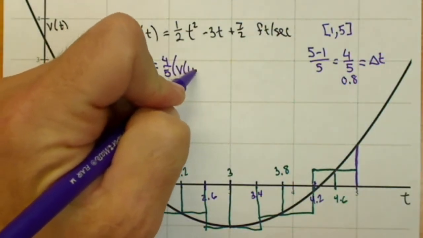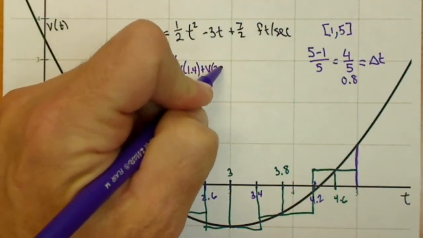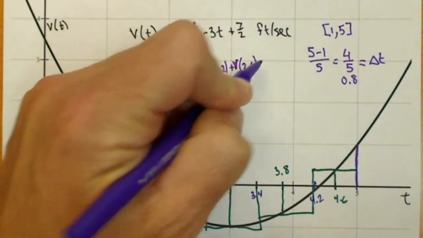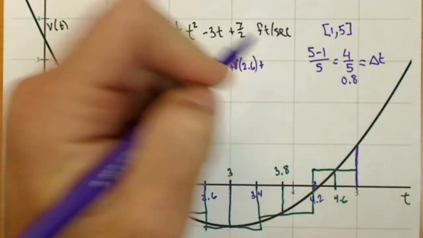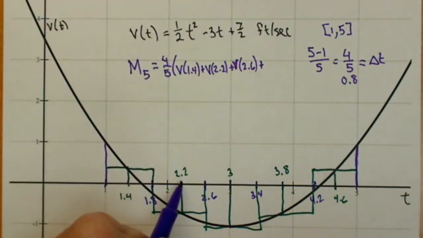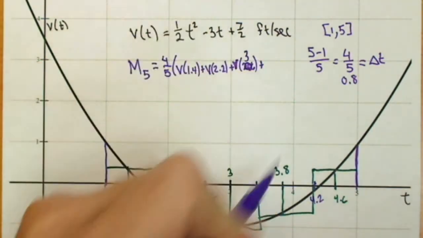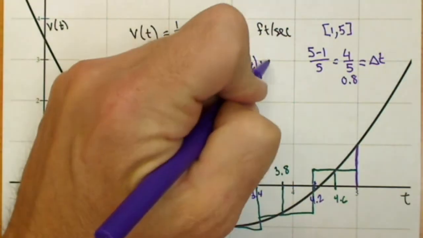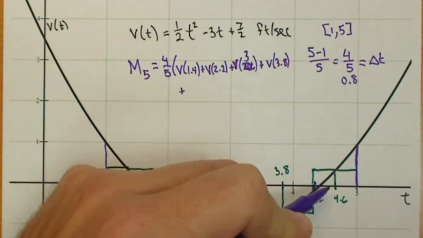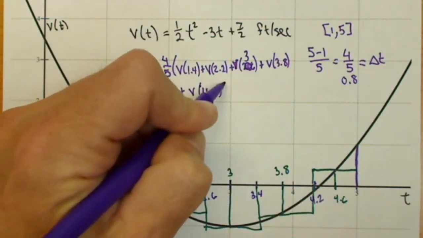So v of 1.4 plus v of 2.2 plus, these are the wrong, v of 3, plus v of 3.8 plus v of 4.6.